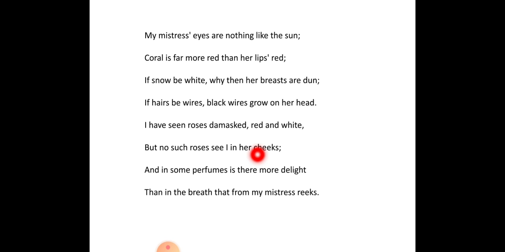Shakespeare doesn't want us to think in a traditional way.